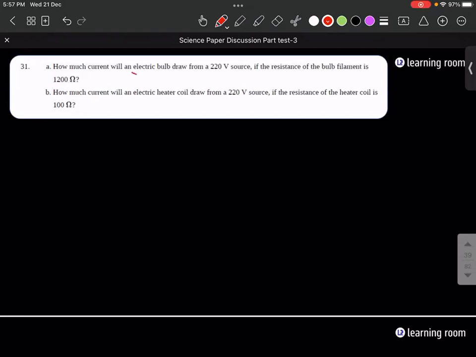How much current will an electric bulb draw from a 220 volt source if the resistance of the bulb filament is 1200 ohm?